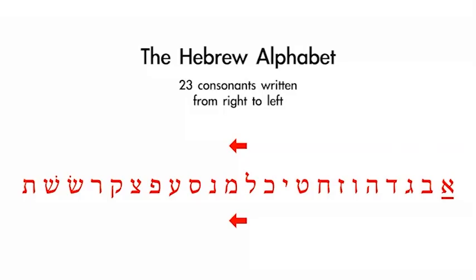Aleph, Beit, Gimel, Dalet, Hey, Waw, Zayin, Chet, Tet, Yod, Kaf, Lamed, Mem, Nun, Samik, Ayin, Pei, Tzadeh, Kof, Resh, Sin, Shin, Tau. These are the 23 letters or consonants of the Hebrew alphabet.